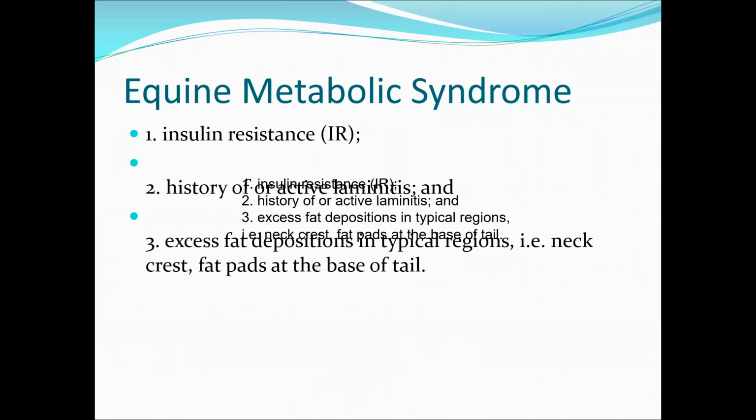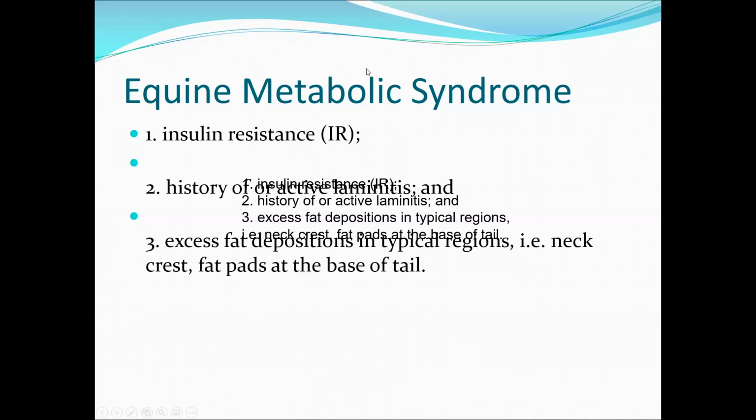All right, so a horse with equine metabolic syndrome has three things wrong with it. One, it is insulin resistant. Two, it has a history of laminitis or is actively foundering. And three, it is fat. So it's a fat horse that has insulin resistance that is actively foundering, is said to have EMS or equine metabolic syndrome.